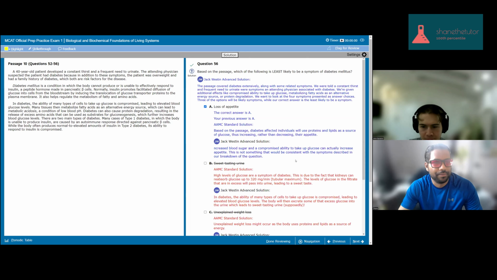But they talk about overweight patients, so I could see how someone would input that. Oh wait a second. Sorry, it says least likely. Yeah, yeah.